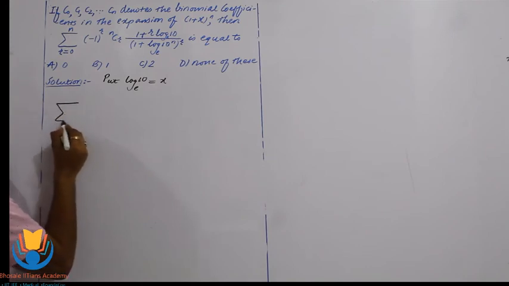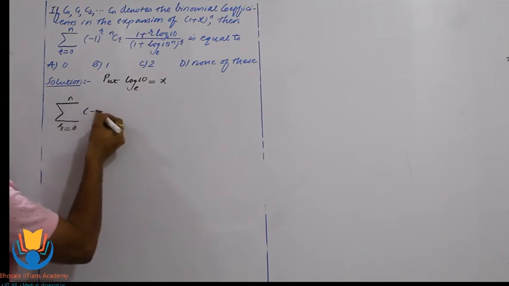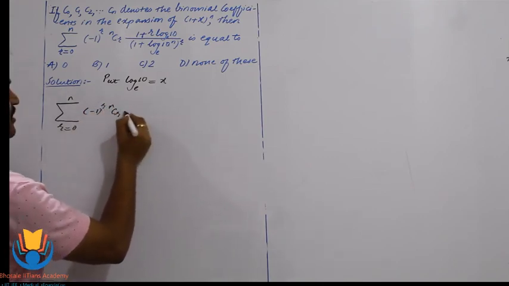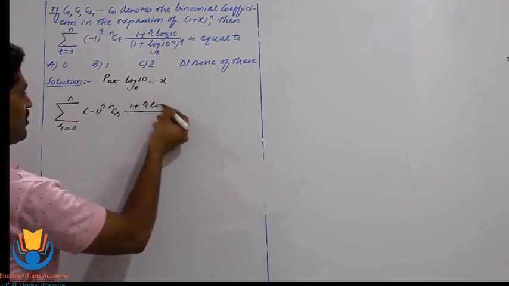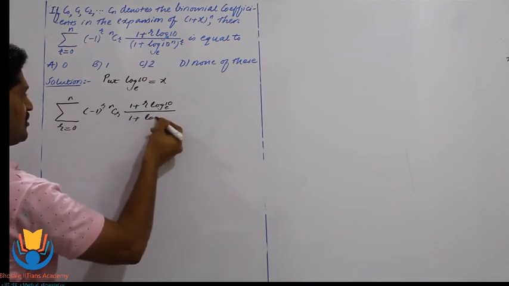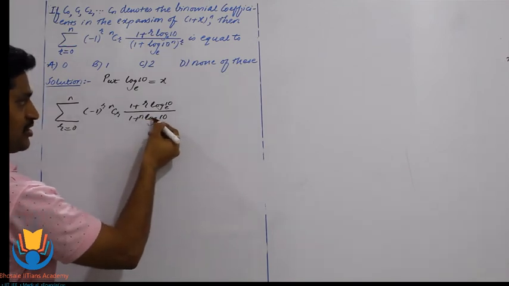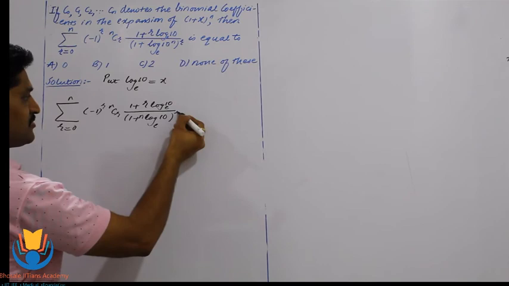The summation r is from 0 to n, (minus 1) raised to r into nCr into (1 plus r into log of 10 to the base e) upon (1 plus n into log of 10 to the base e) whole raised to r. So this much is given.